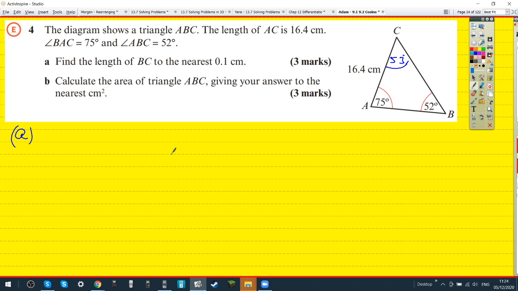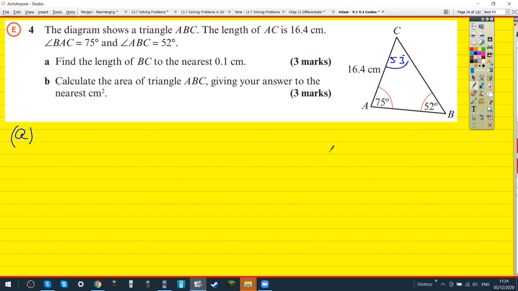Right. Which side is B in this triangle? Does it matter which side B is? Well, it depends on the angle you pick. Okay. So you picked 53. So what would be the other side then? What opposite C? AB?